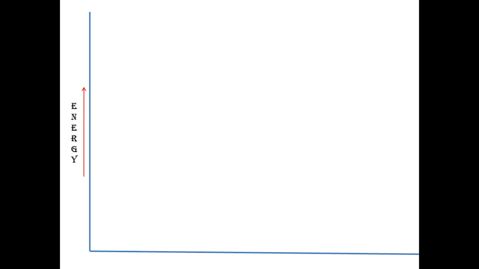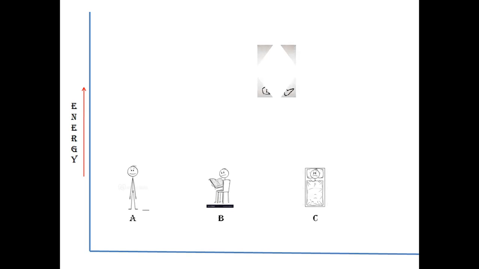On the y-axis, the energy term is shown, and the more height it has, the more energy the system has. Okay. So what are the things we saw earlier? These are the states we saw.